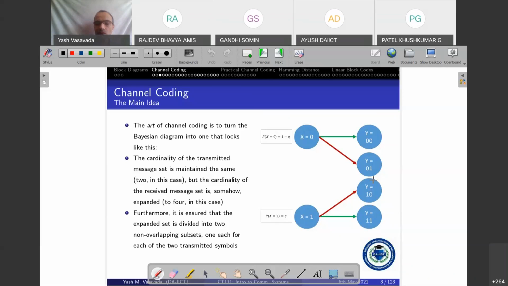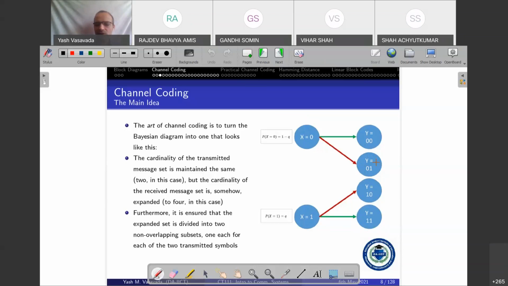The first bit will always correspond to the bit sent. X equal to 0, then y equal to 0, 0 or 0, 1. Okay. Who can give me some alternate way of answering this question? There is no collision between the bits which are received, so the receiver can decide.